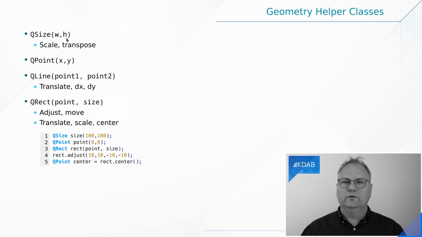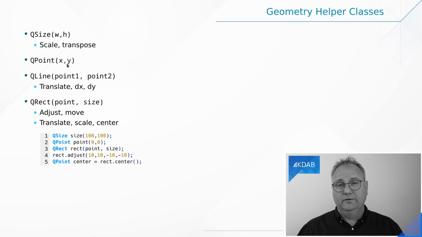And we have a class called QSizeF for taking these as floating point numbers rather than as integers. And the reason for that is if you do some transformation, for example, zoom far in, then regular size might not be enough for you.